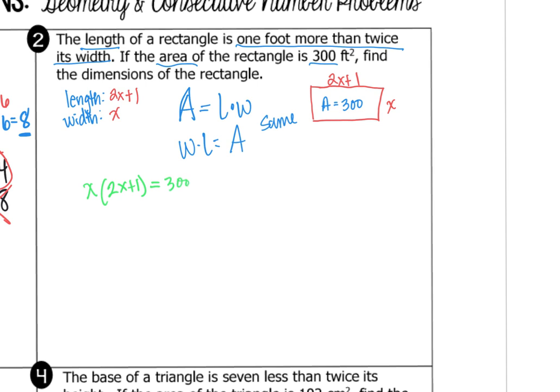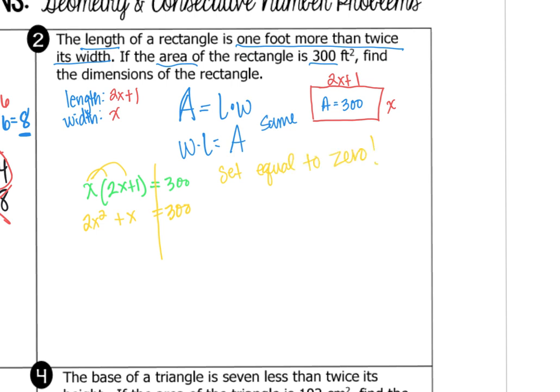So again, your step, and it should be very visual to you at this point. What can we do with an equation like this? Well, we could multiply. We can distribute x. That's not too scary. So x times 2x is 2x squared, and then x times 1 is 1x, and we are just equal to 300. But again, we want to set equal to 0.